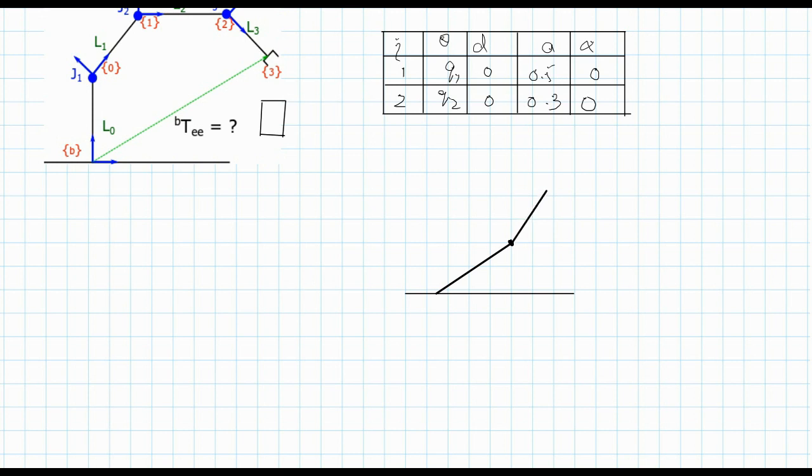It has a length of 0.3, and we can go on and draw our axes here as well. This is the y-axis, this is the x-axis, this is the base coordinate frame. Then we have a coordinate frame attached to the end of link 1 like this, and finally we have the coordinate frame for the end effector attached here.